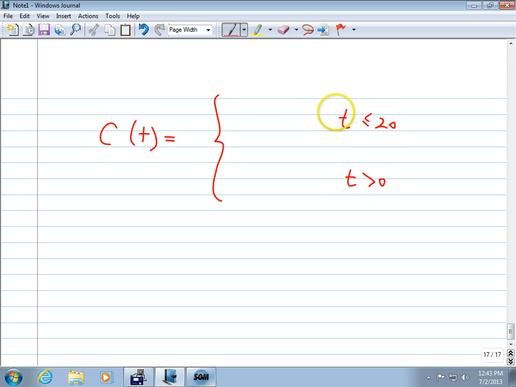And I guess the assumption being that you can't do less than 0 minutes, okay? So how much does it cost for the first 20 minutes? Like I said, it's a flat rate of 99 cents.